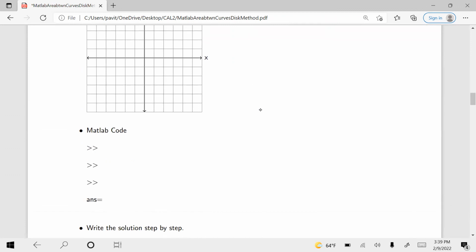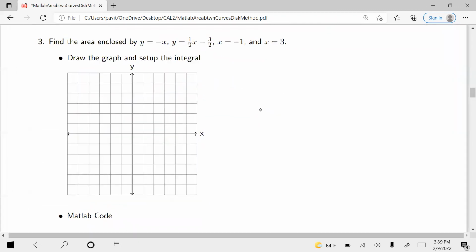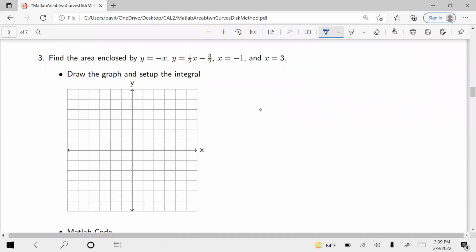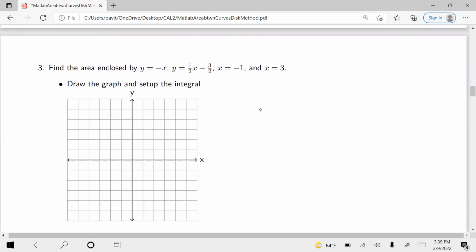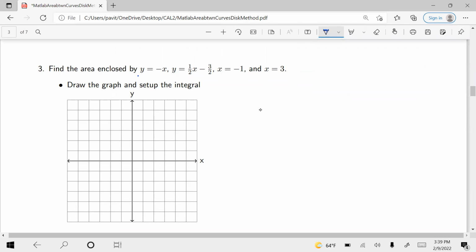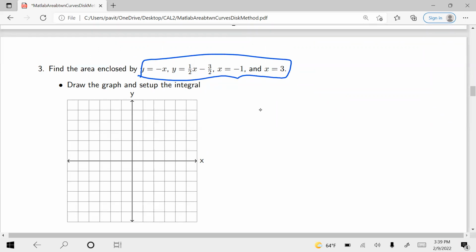So let me straight away go to problem 3. Now, we had studied finding area from lab 1, lab 2, right? Now, what's so difficult here? The difficult part is you have multiple functions and there is no domain, or I can say limits.